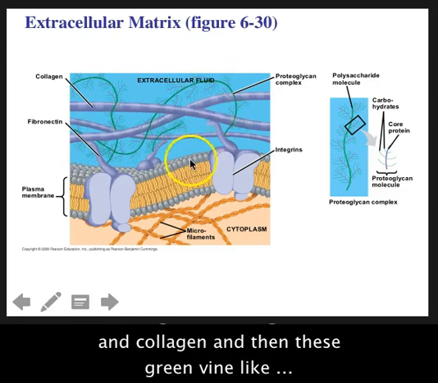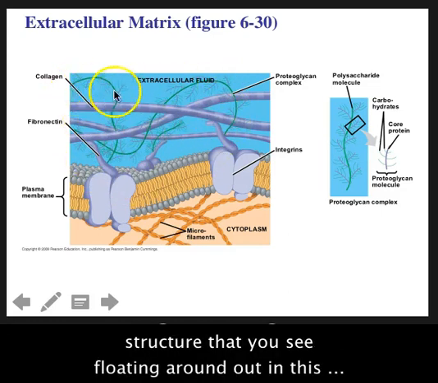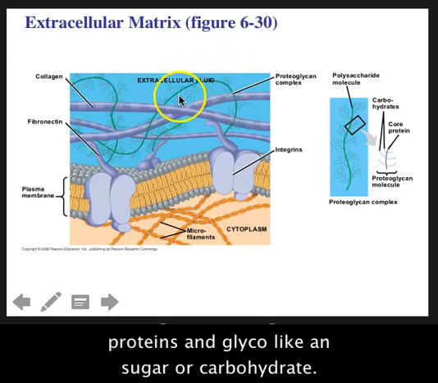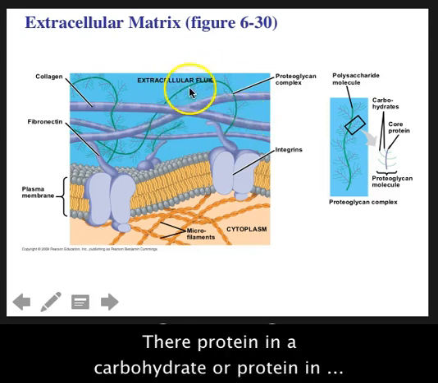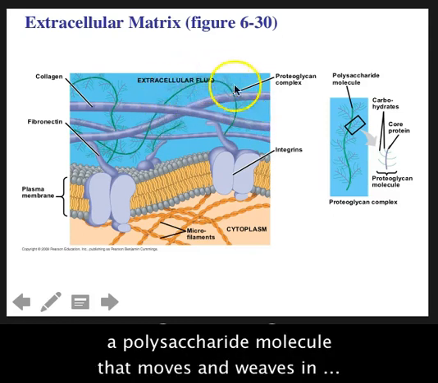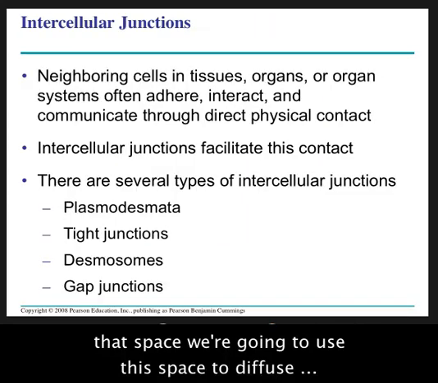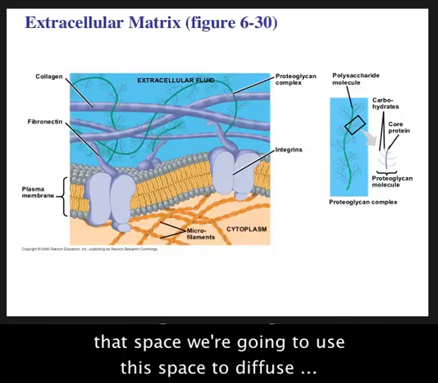And then this green vine-like structure that you see floating around out in this fluid, those are proteoglycan. So protein, glycan, sugar, or carbohydrate. So they're a protein and a carbohydrate, or a protein and a polysaccharide molecule that moves and weaves back and forth in this space.